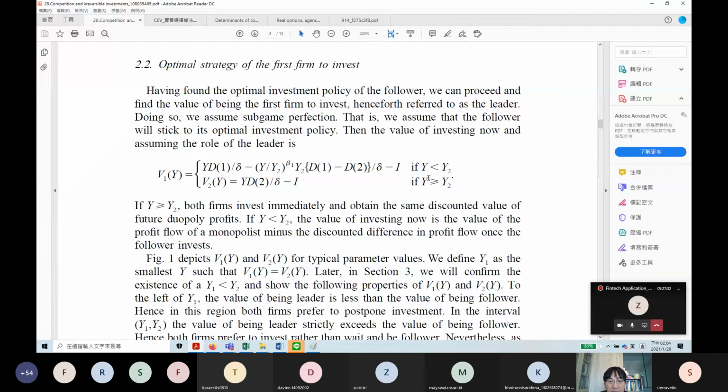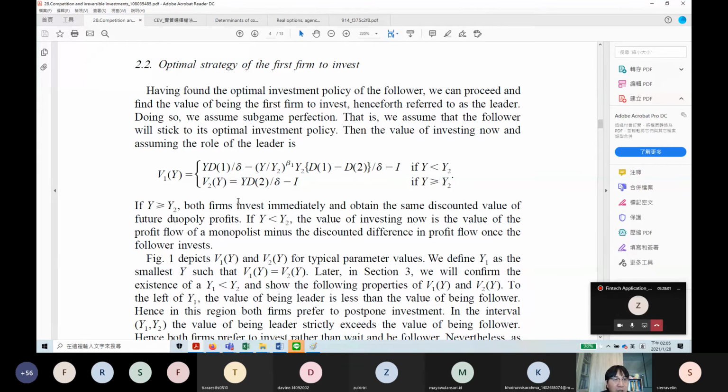Leader value, we check Y. So Y is just Y2. Not only the leader is there. At this time, the follower will immediately enter the industry to compete with the leader.